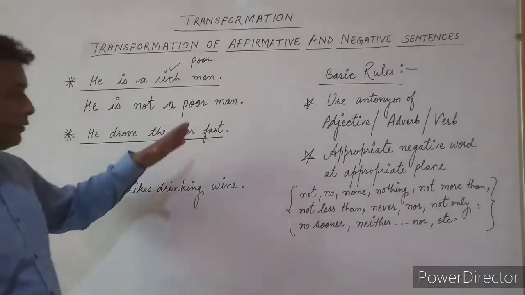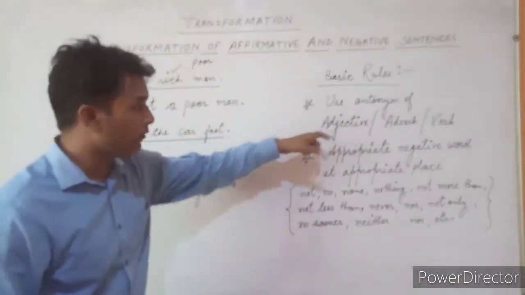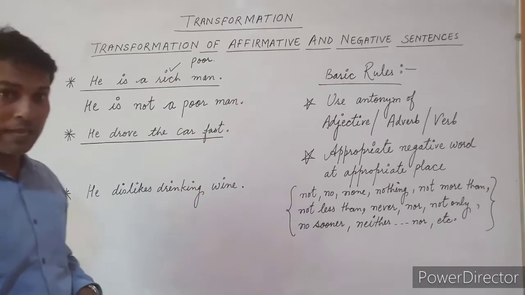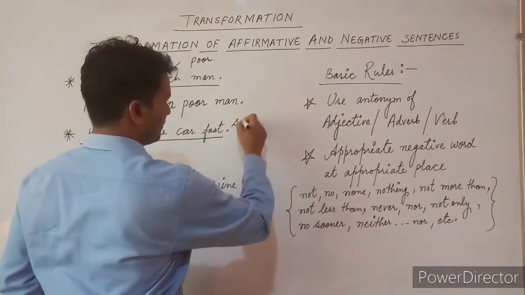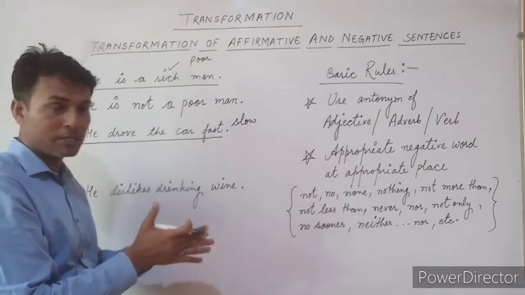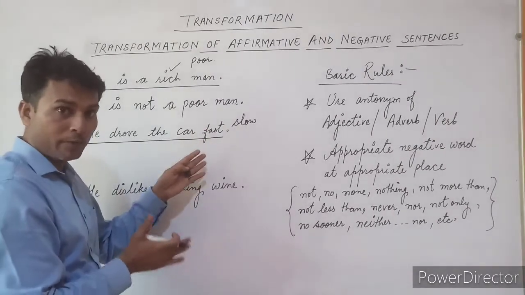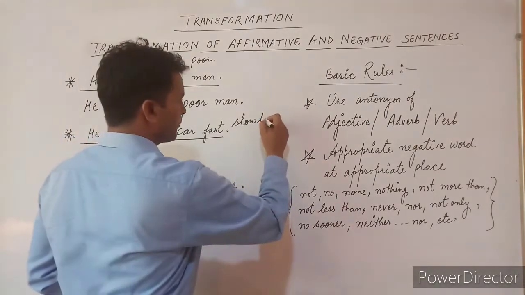So now you need to find out the antonym of the adverb fast. The antonym of the adverb fast is slowly. You can use slow also, but here fast has been used as an adverb, so you need to use slowly as the antonym.